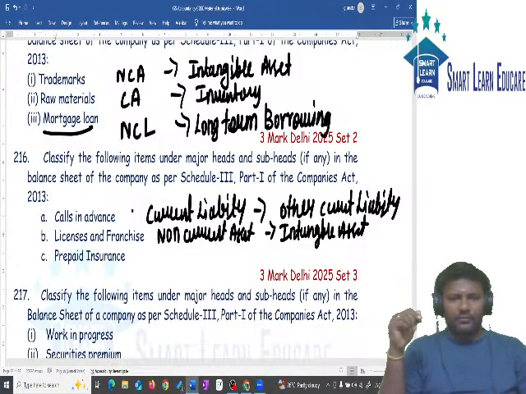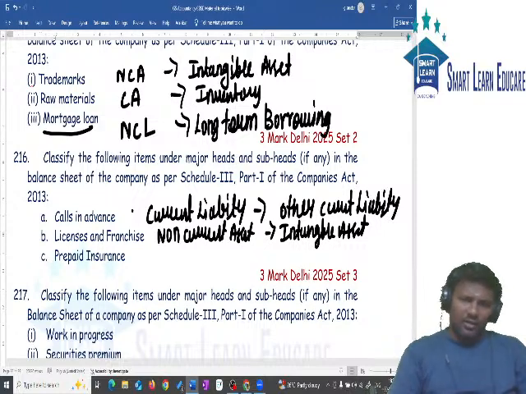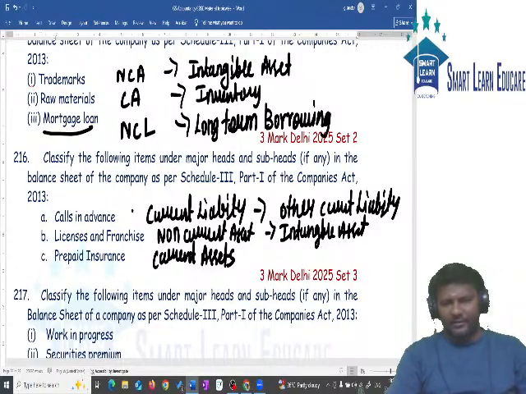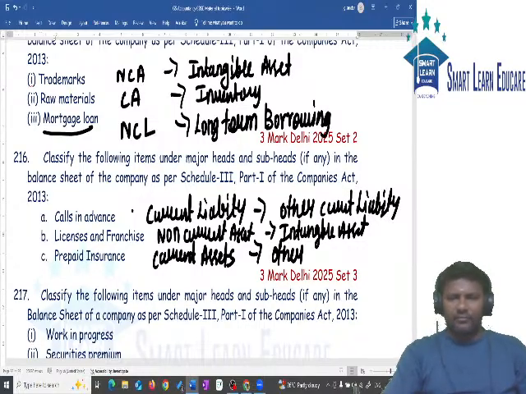Prepaid insurance will come under current asset. In current asset, it will come under other current asset.